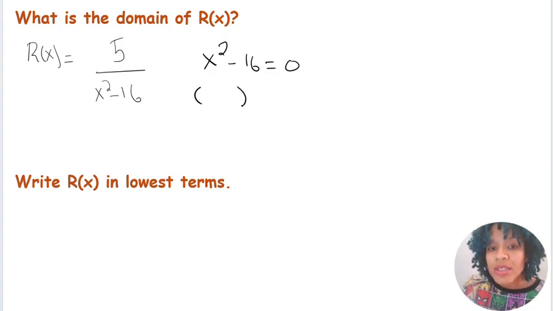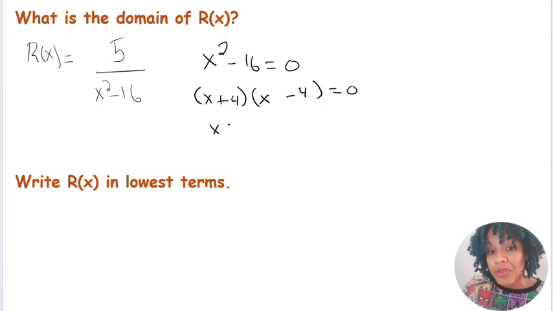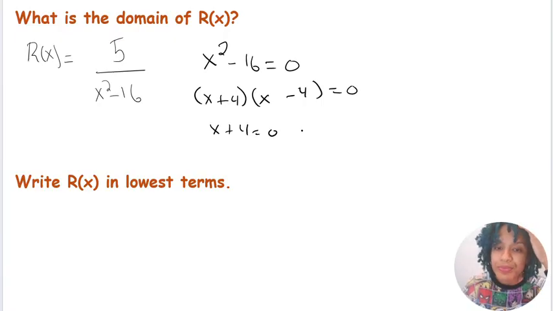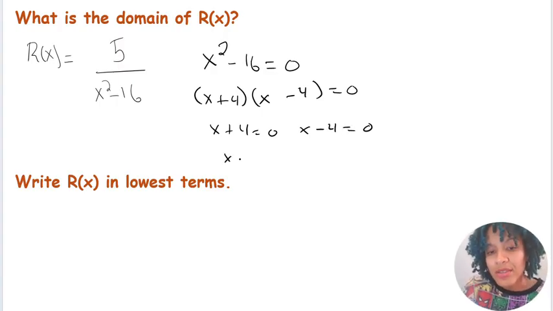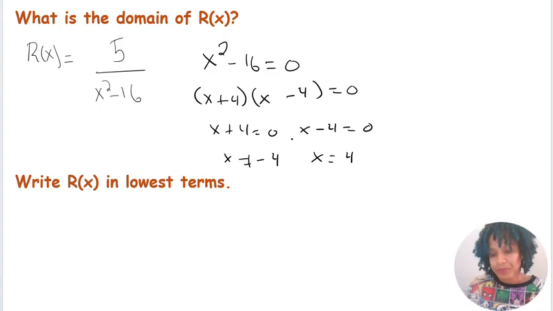So we know that this is x plus 4 and x minus 4. And because it's equal to 0, we set both equal to 0. And we solve for x. So we have x cannot be negative 4. x cannot be positive 4.